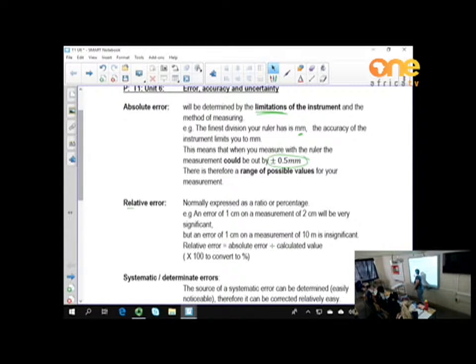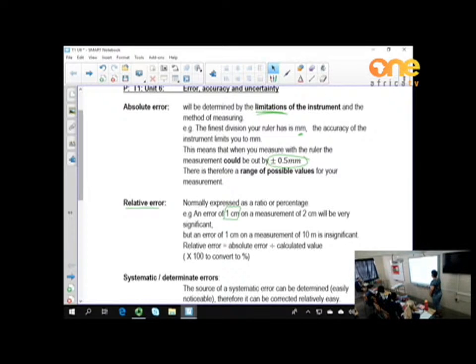A relative error. We said normally it's expressed as a ratio or a percentage. For example, the example we did this morning as well, an error of 1 centimeter on a 2 centimeter reading is measured. It's a 50% error. But an error of 1 centimeter on 250 centimeters is almost nothing.